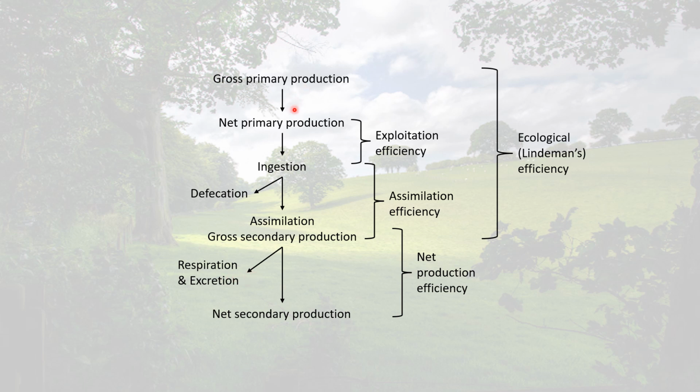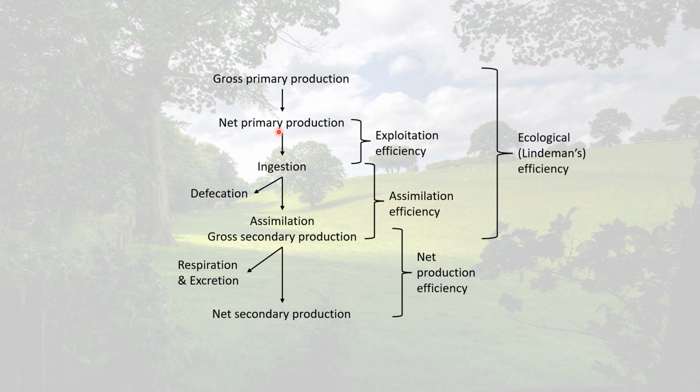So here we get the exploitation efficiency by dividing food ingested by available net production into 100.